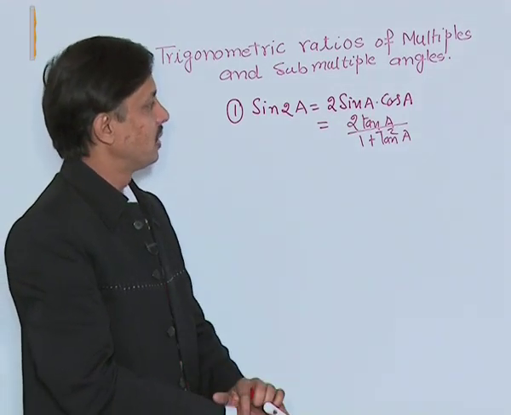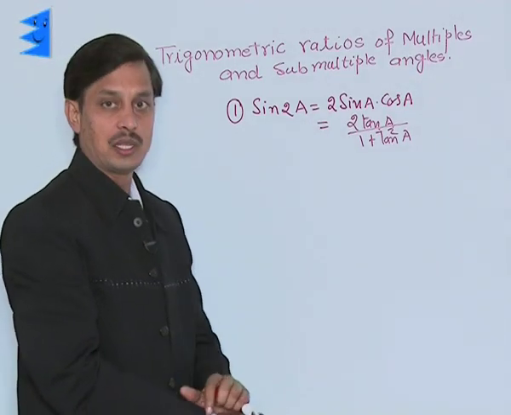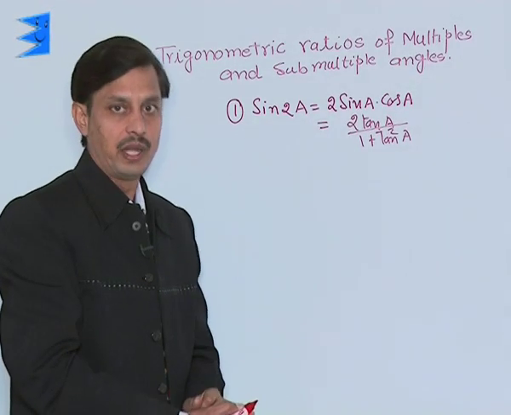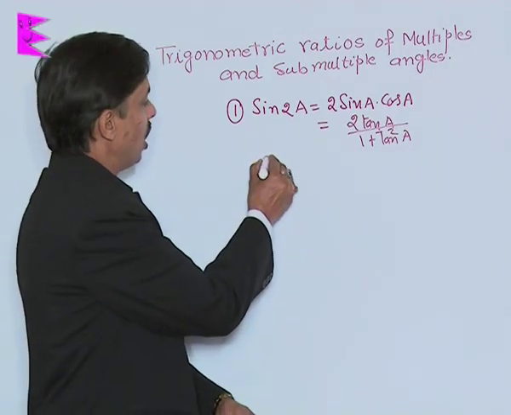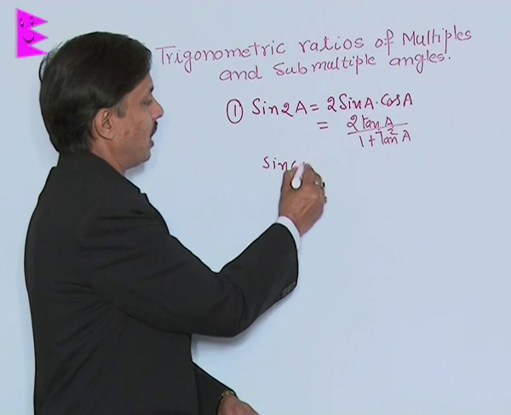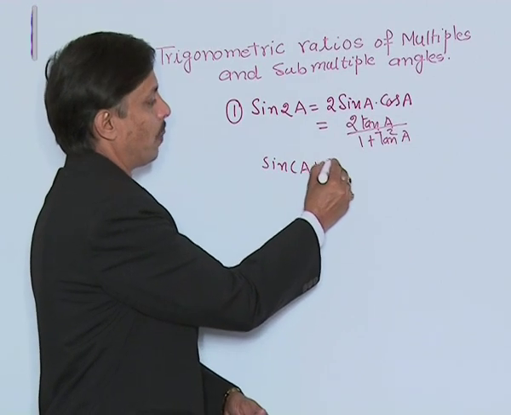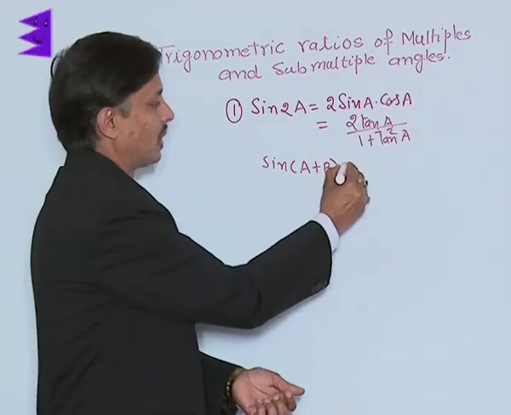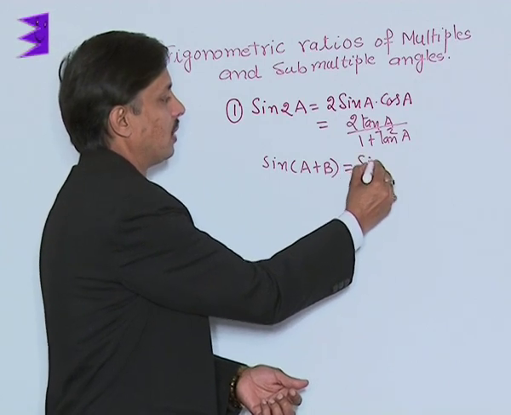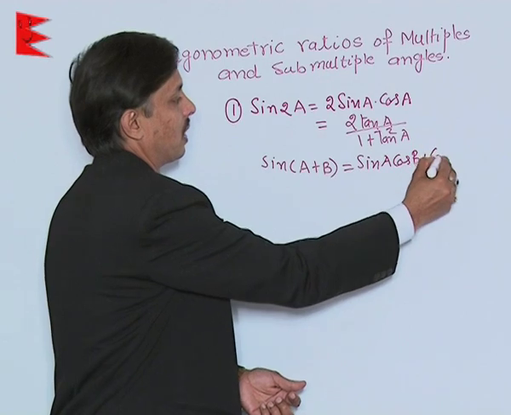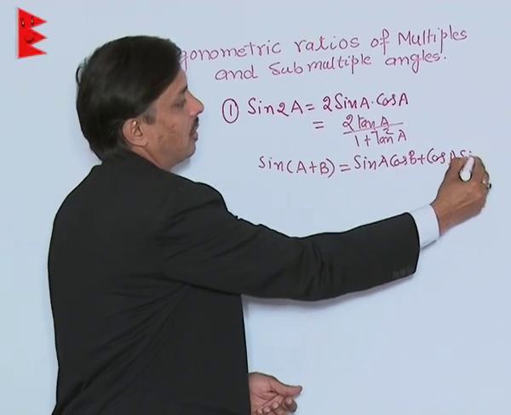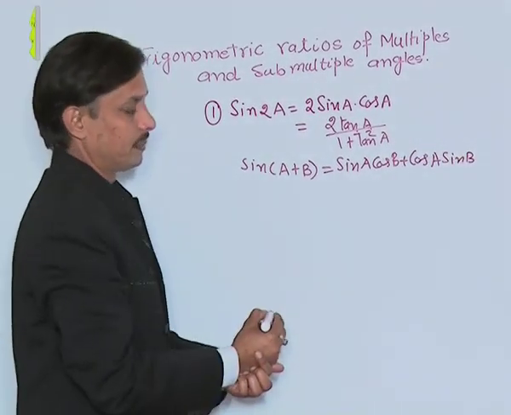Now a question is raised: how are these two results equivalent to sine 2a? I am giving you one of the proofs. We know that in the compound angles topic, sine of a plus b is given by sine of a cos of b plus cos of a into sine of b.